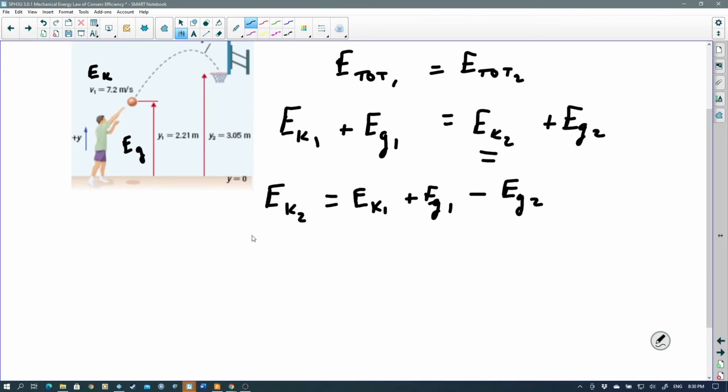EK2 is going to be mv squared over 2. Now we need some way of indicating that this is the second kinetic energy, not the first one. I've seen different ways of doing that. One of the symbols you'll often see is a little quote next to it, which means prime.